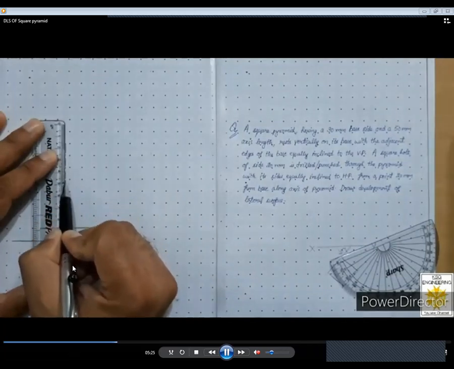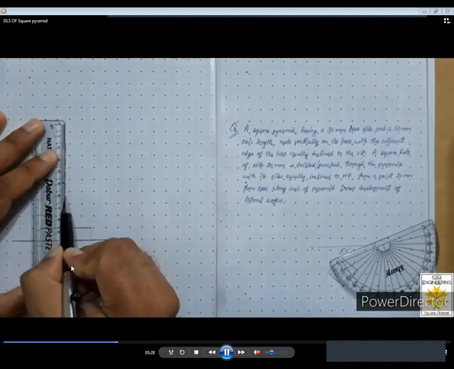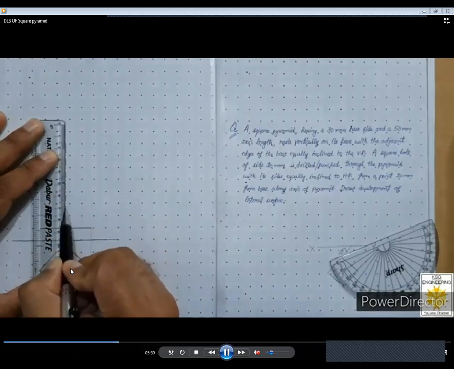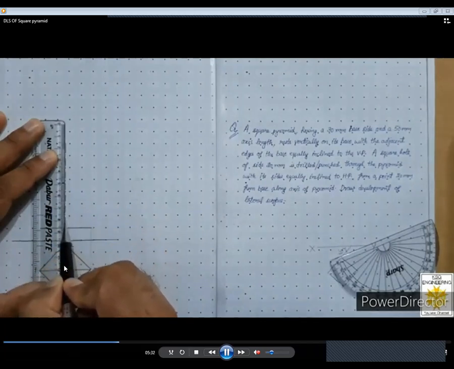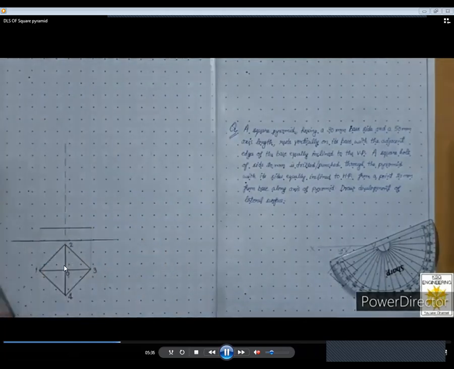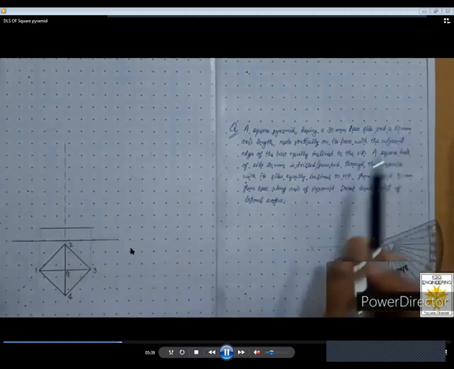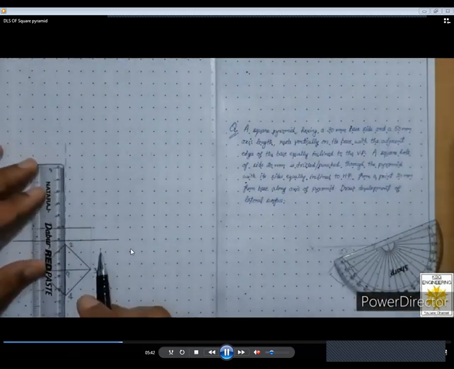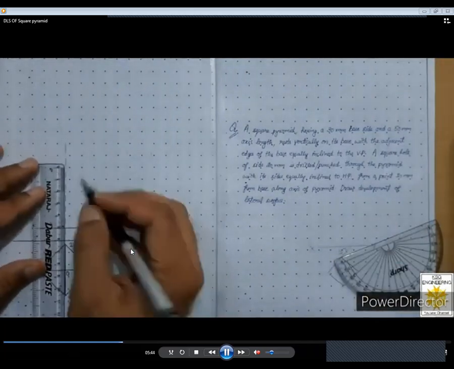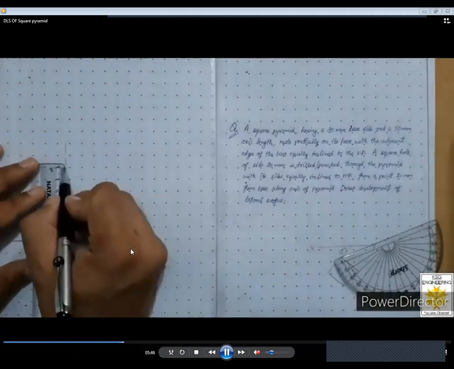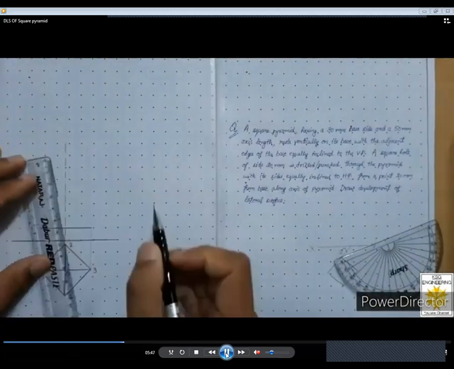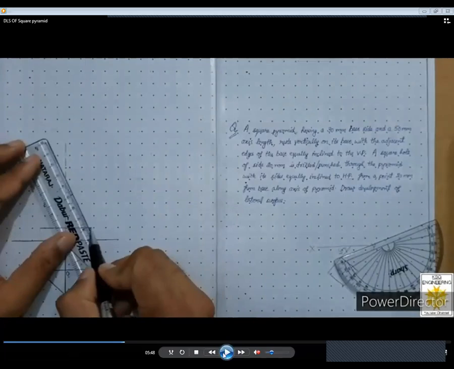So take the axis 50 mm from this portion. Whatever height is given in your examination, if they mention 80 mm, then you have to take 80 mm, that is 8 centimeter. Here they have mentioned 50 mm, so take 5 centimeter, that is 50 mm. Mark over here and join the end points.